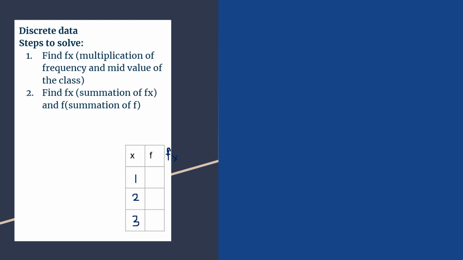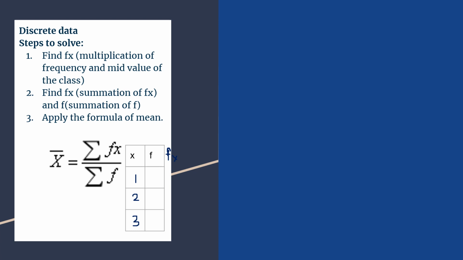That is, adding these three values you get summation fx, adding these three values you get summation f. Once you get summation fx and summation f, apply the formula, x bar equals summation fx upon summation f. This will give you the mean.